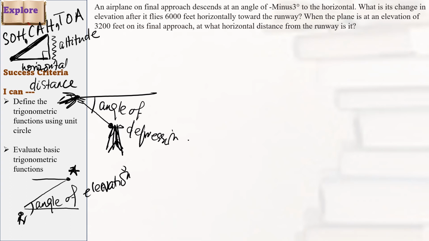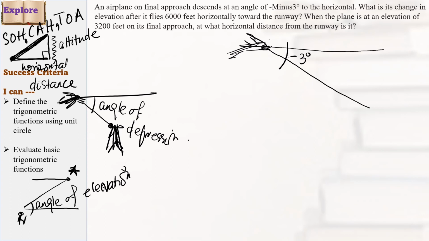Let's try to understand this question. An airplane on the final approach descends at an angle of -3 degrees. So the airplane, as you know, is always at the top, and it descends. It is coming down and making an angle, of course an angle of depression, of -3 degrees to the horizontal.